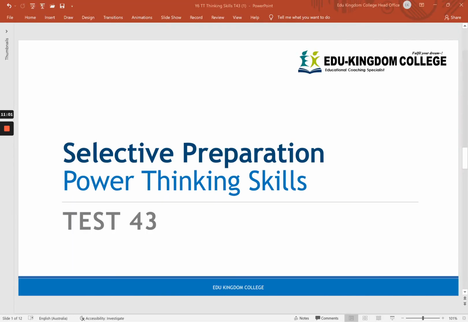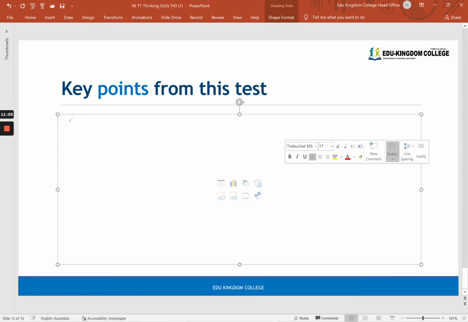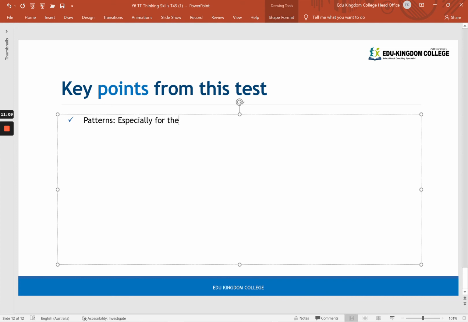Okay, so some key points. I want to talk about, first of all, patterns, especially for matrix or 3 by 3 grid patterns. Please make sure you are zooming out and looking at the macro pattern first.